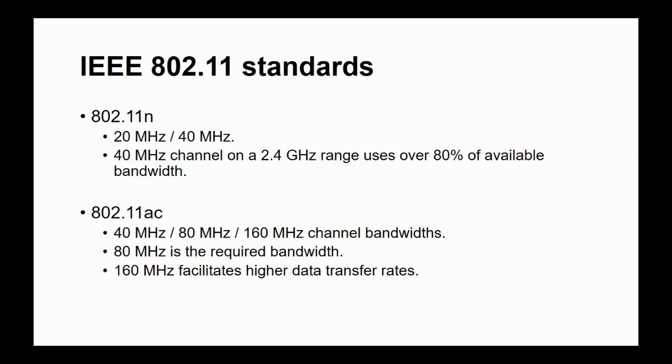It will use a minimum of 40 MHz of bandwidth and can also double the bandwidth to an 80 MHz channel. Furthermore, it can increase the channel bandwidth to 160 MHz, so you will be able to send that much data in the 802.11ac standard.